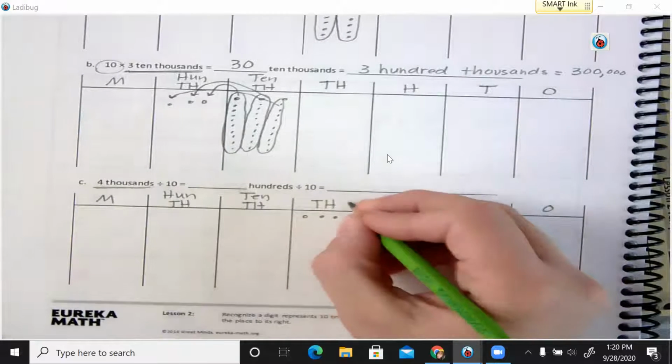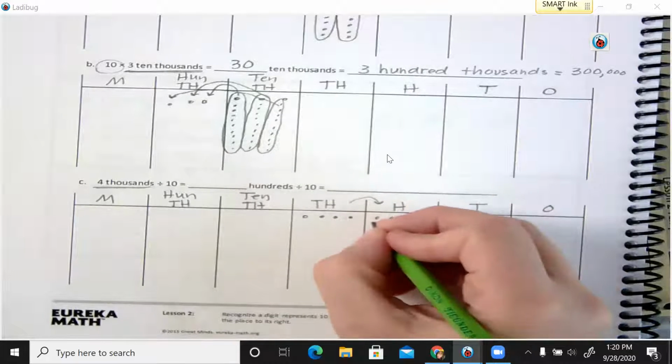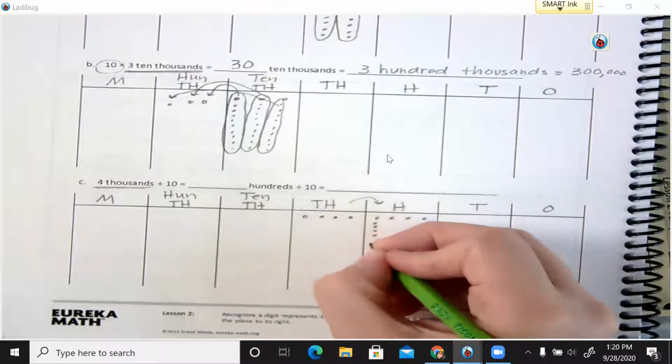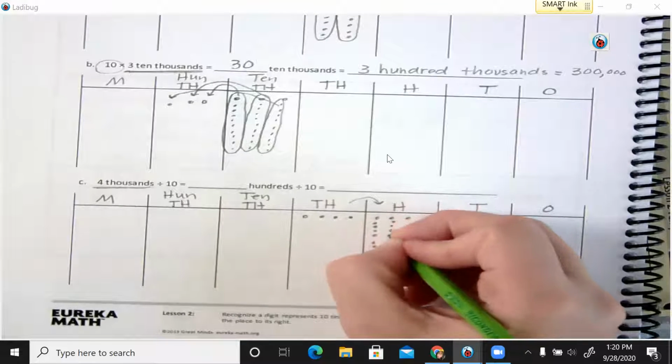So now we're going to move this way, and we're going to put our 400s, and then we're going to unbundle them. So underneath each of those, we're going to make 10 discs.